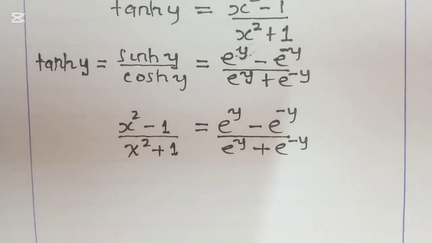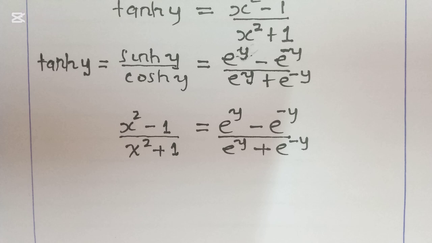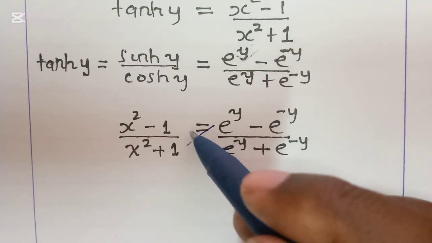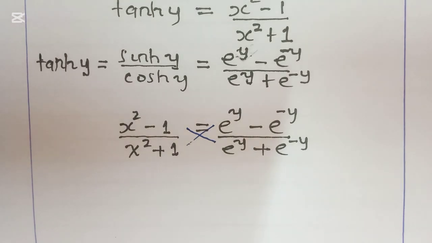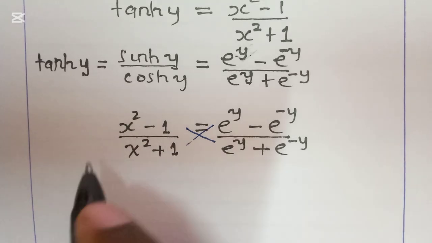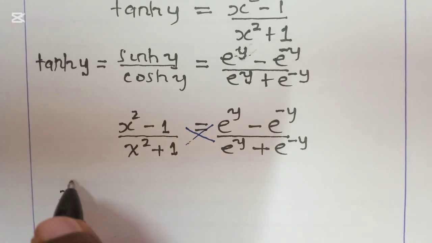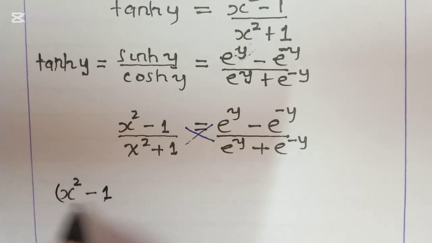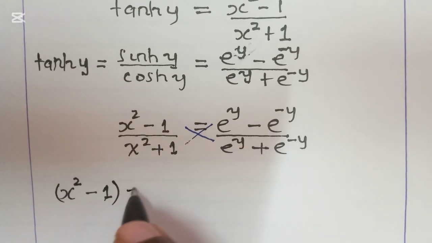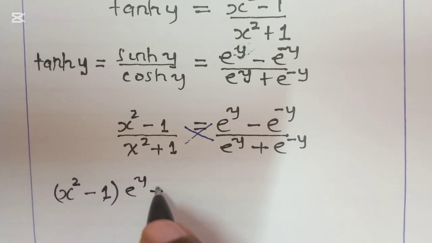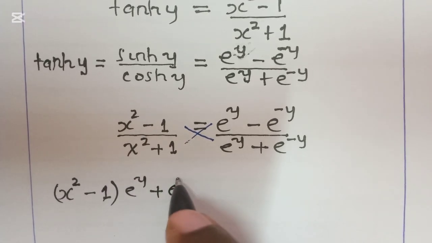And so now guys, we cross multiply. Here we cross multiply that and that. And when we do that, we shall have, let's start from this side, x squared minus 1 multiplied by e raised to y plus e raised to negative y.